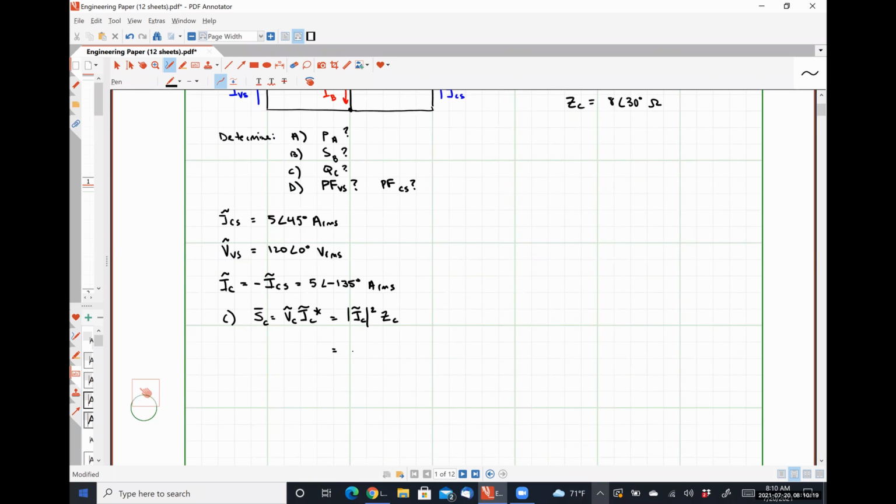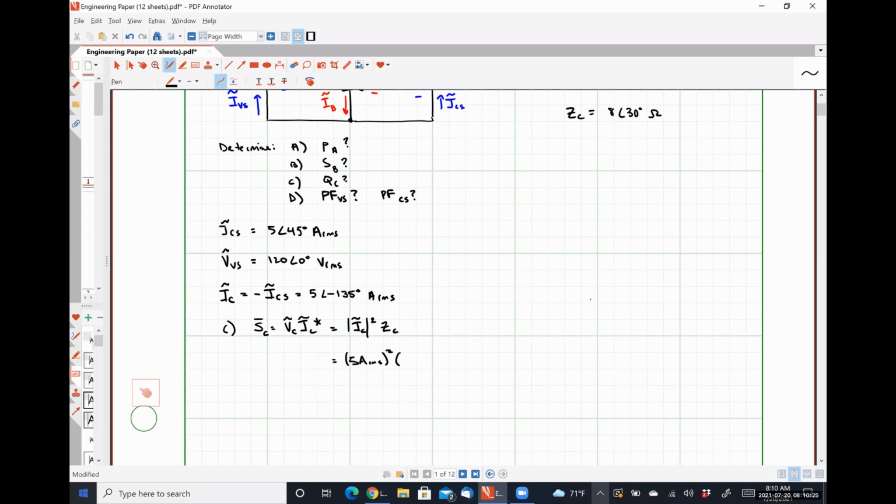So that would be 5 amps RMS quantity squared times 8 angle 30 degrees ohms. Excuse me, let me find my calculator here.